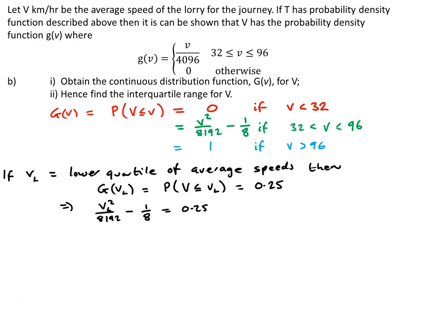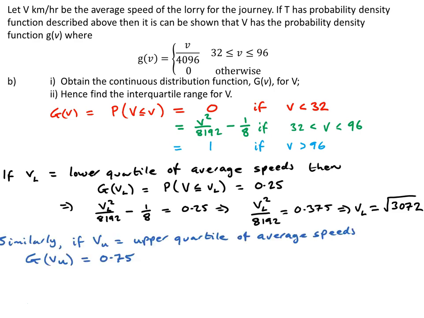So we've got the lower quartile squared divided by 8192, take away an eighth, must equal 0.25, or the lower quartile squared divided by 8,192 must be 0.375. Multiply up by 8,192 and square root, we get the lower quartile is the square root of 3,072.